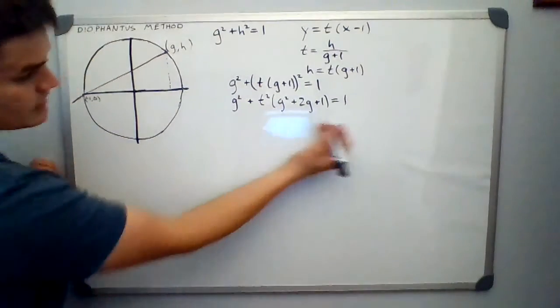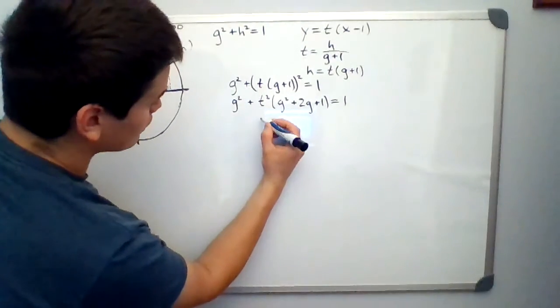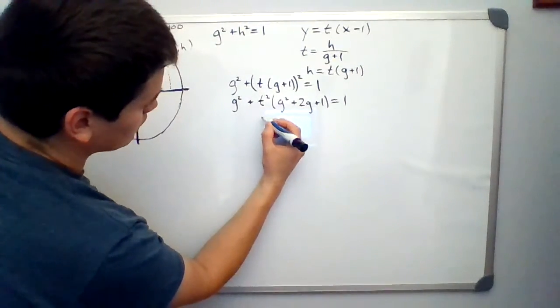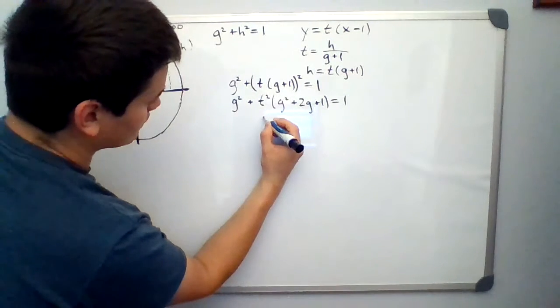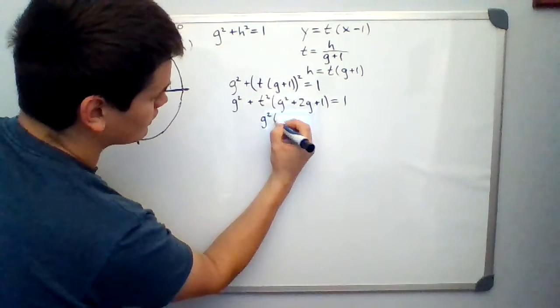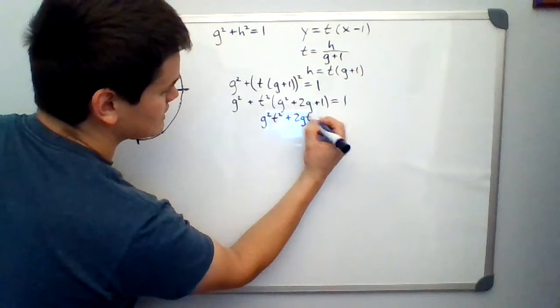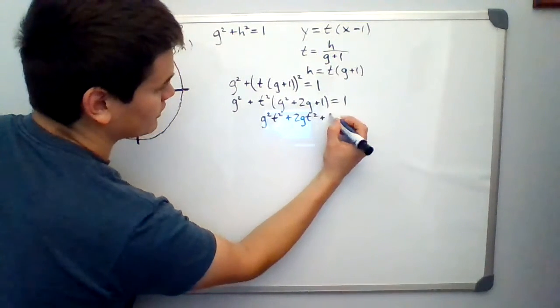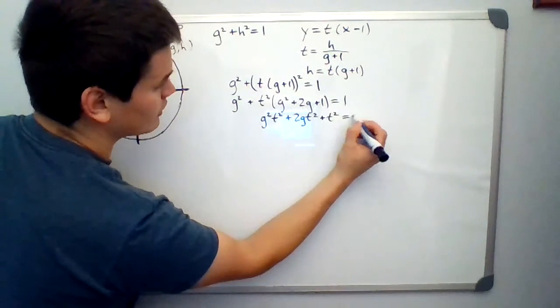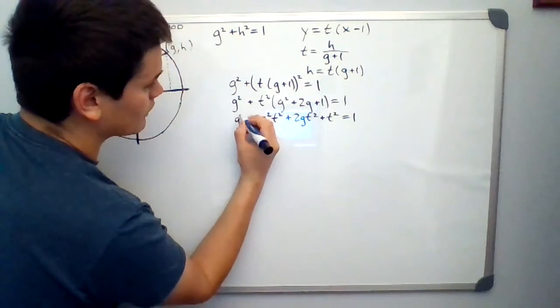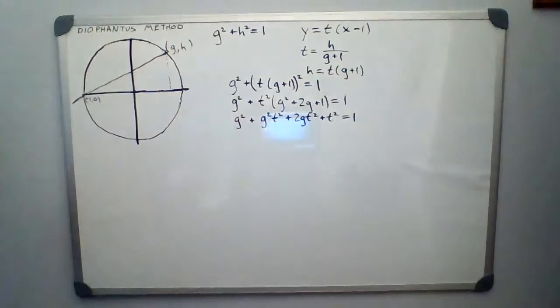Now I'm going to distribute in the t. So g squared t squared plus 2g t squared plus t squared is 1. And we've got a g squared there.